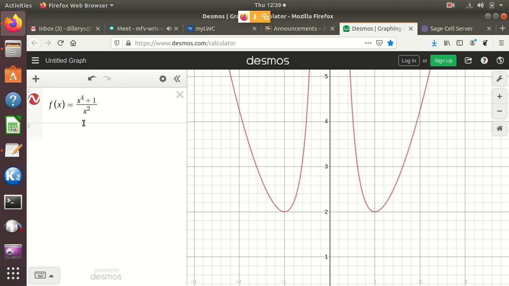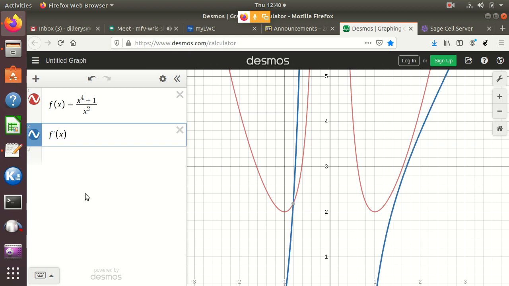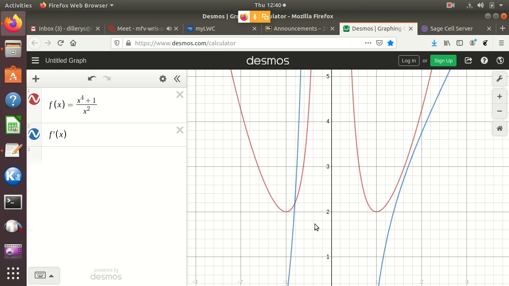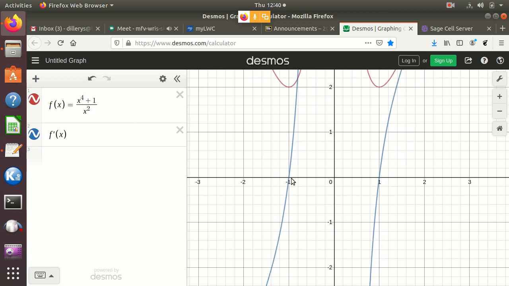But then, hard to see that, I can just say f prime of x, and there's my derivative, and I can look down here to see where it's 0, and there's 1 and minus 1.